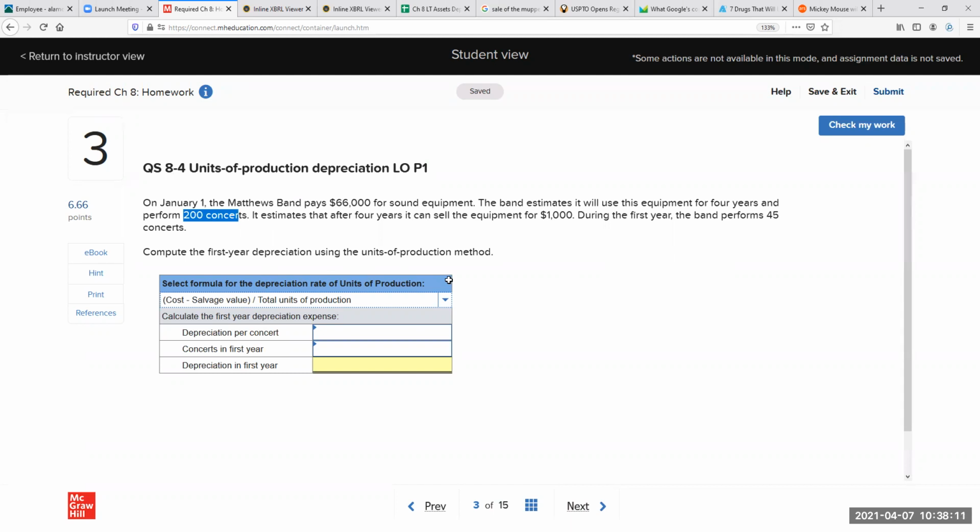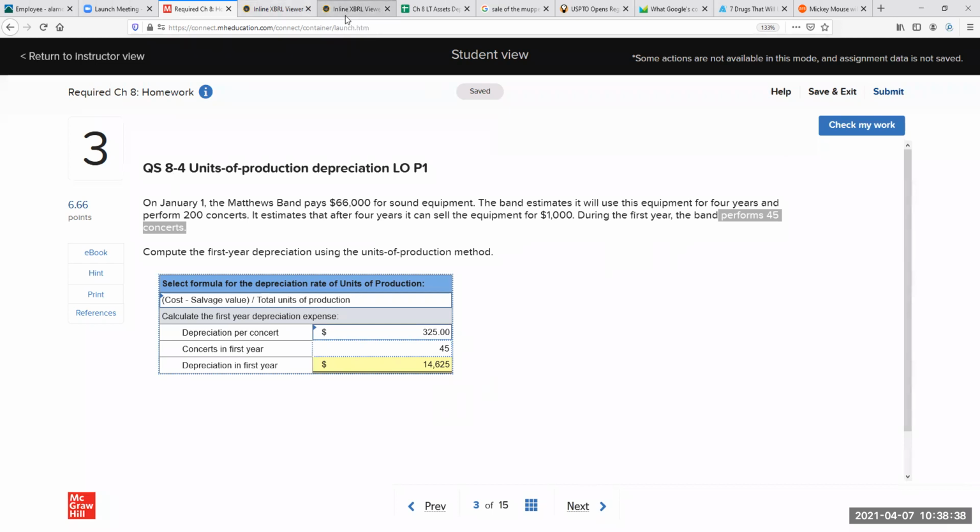So 65,000 divided by 200 concerts is going to be $325. They think it goes down in value every time. How many concerts did it do? 45. So you're going to multiply that 325 times 45 to get your depreciation, and it's 14,625. So depreciation per concert times concerts in the first year.